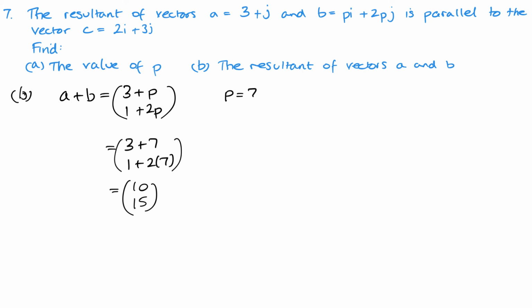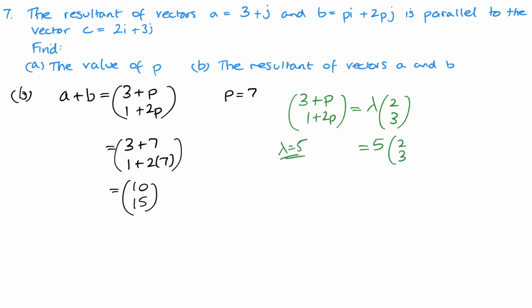If you remember, we also had this equation, 3 plus p, 1 plus 2p, and that was equal to lambda times 2, 3. So the alternative way was, we knew that lambda was 5, so 5 times 2, 3 gives me 10, 15. So the same vector. Okay, so it's the same as vector c, it's just 5 times the size, like 5c essentially.